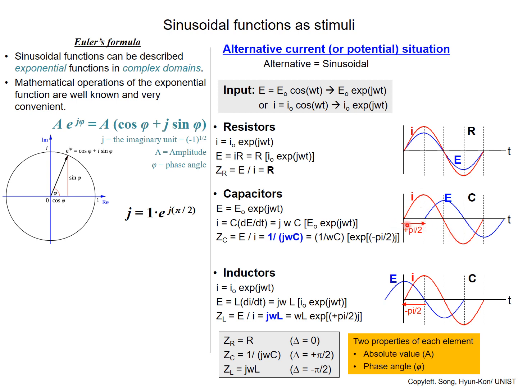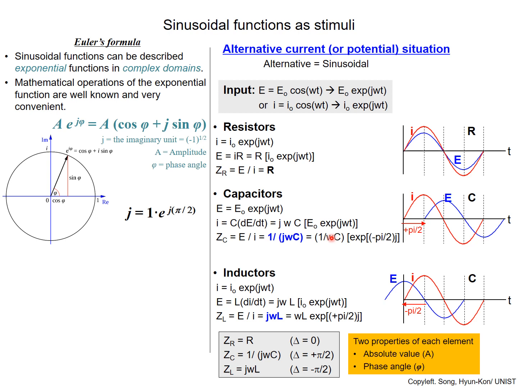The difference is pi over 2. So the potential leads the current by pi over 2. That's the meaning. So again, the phase angle change is pi over 2, and the amplitude is 1 over omega c.